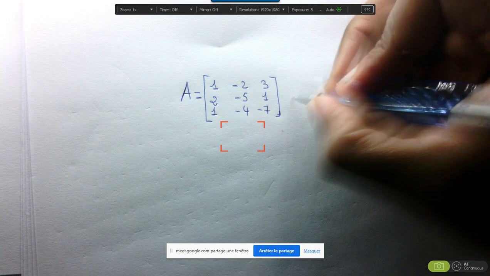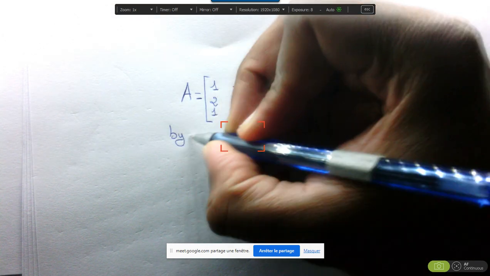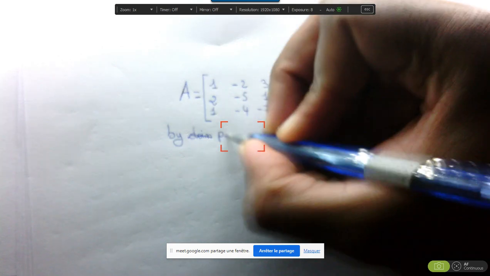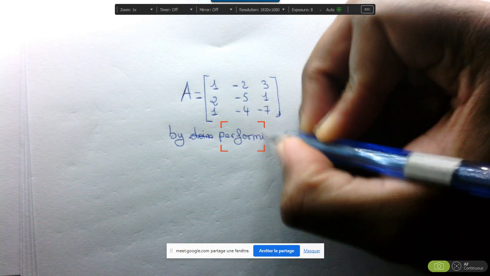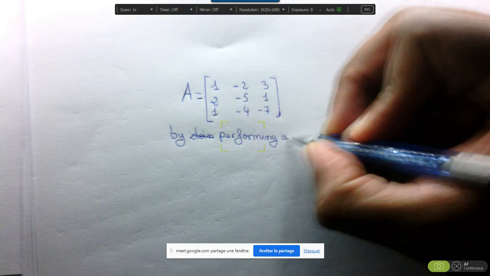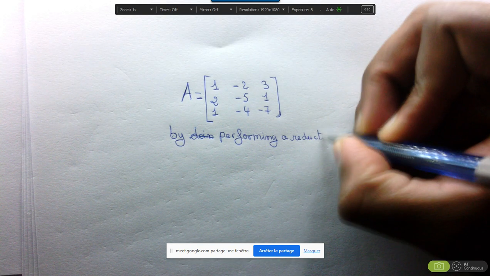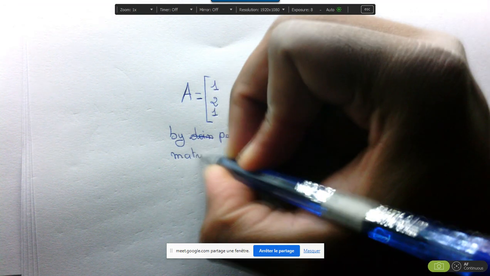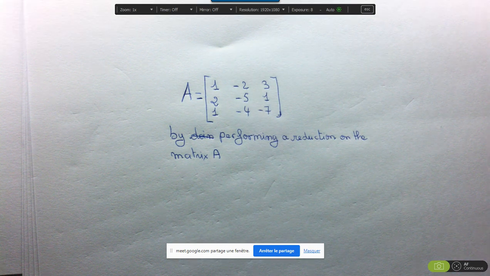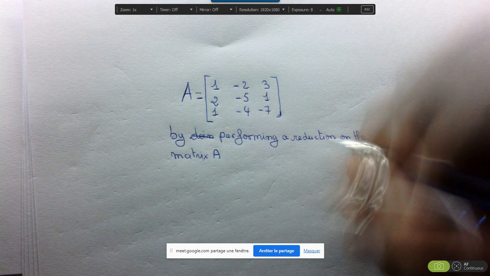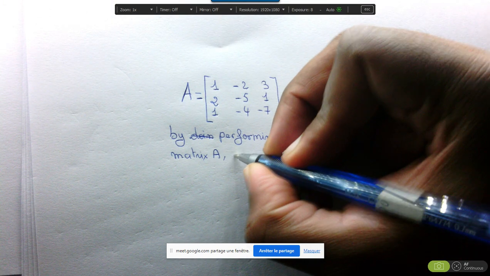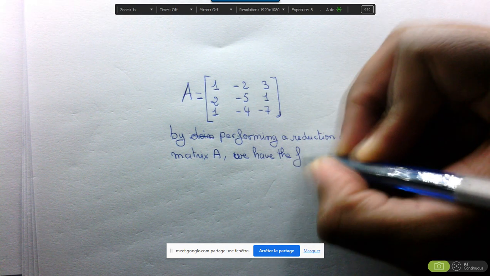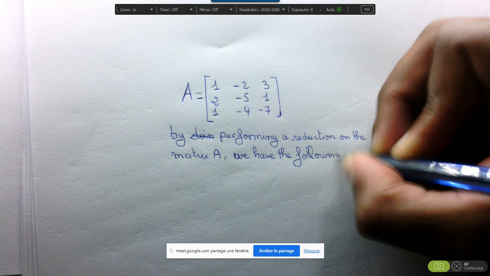So by performing a reduction on the matrix A, we have the following row echelon form.